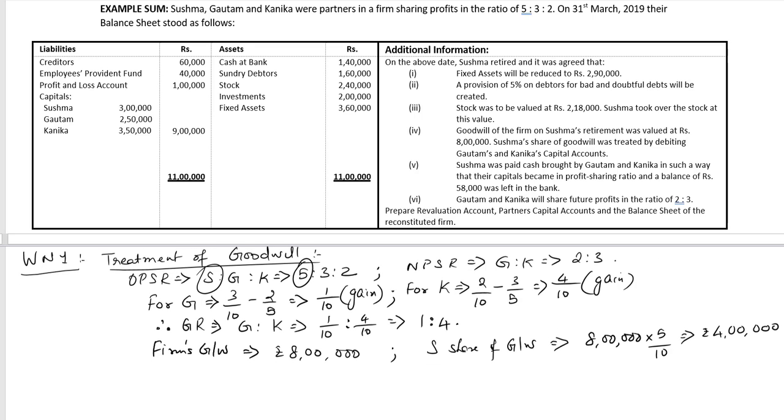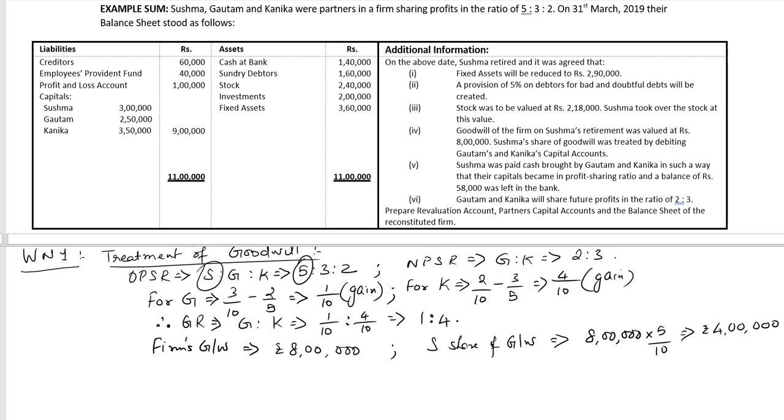We'll pass the journal entry for goodwill. We'll debit the gaining partners. Gautam, capital account debit. Kanika, capital account debit.